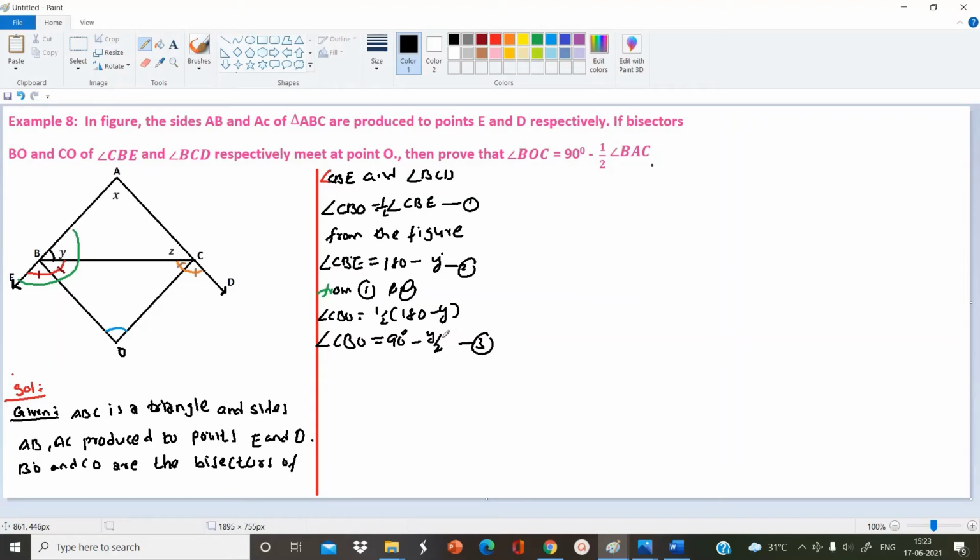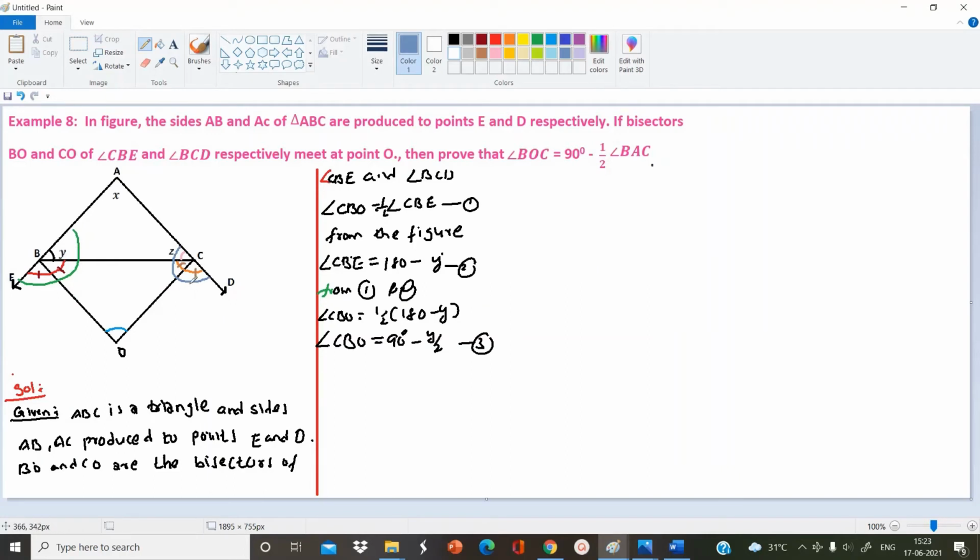And here, similarly, CO is a bisector of angle BCD. It is given in the question. In the same way, this one is angle Z, and ACD is a straight line and the total angle is 180 degrees. That means Z plus angle BCD is 180 degrees.